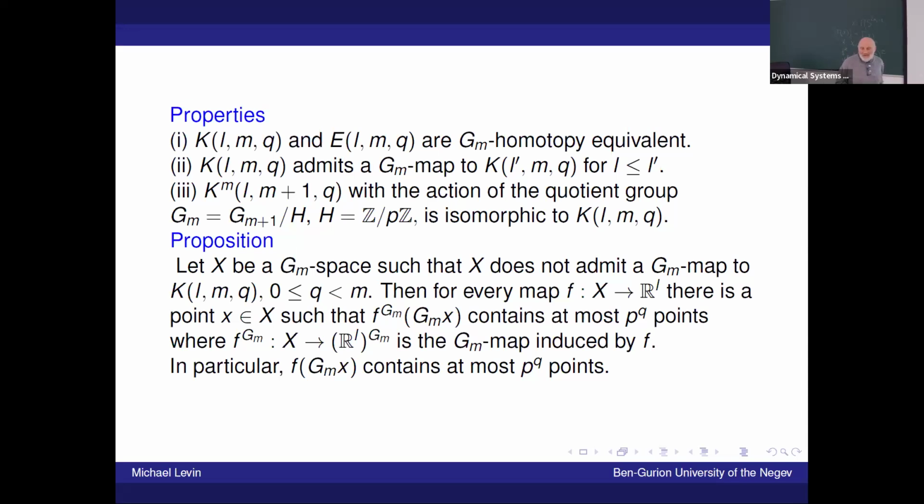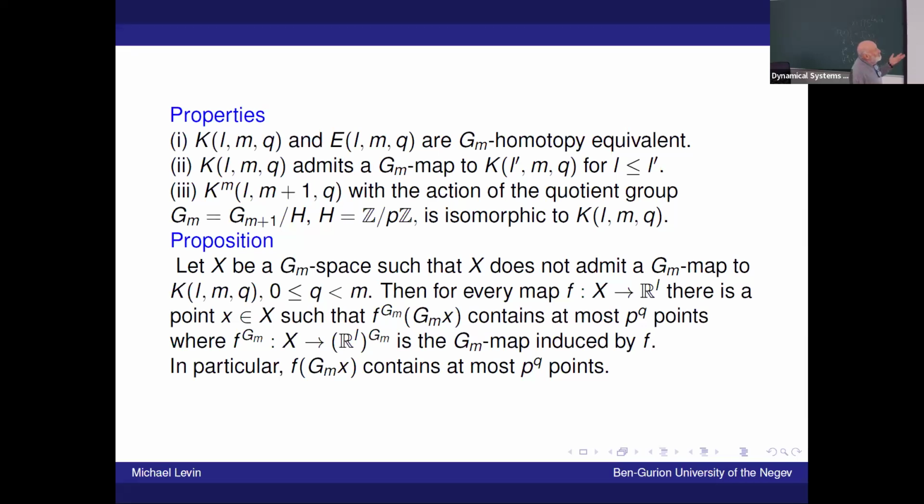So we need to take care of some things related to spaces that are not compact. So we need to work on presenting the spaces with CW structures. So it's easier to work with the sphere. Okay.